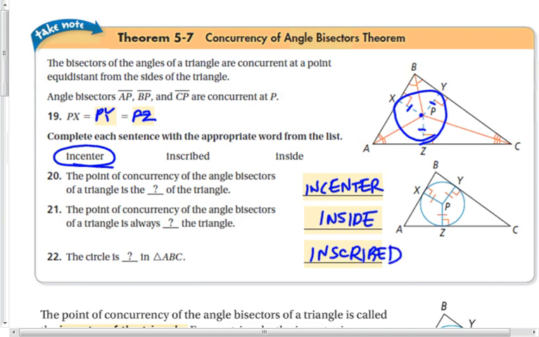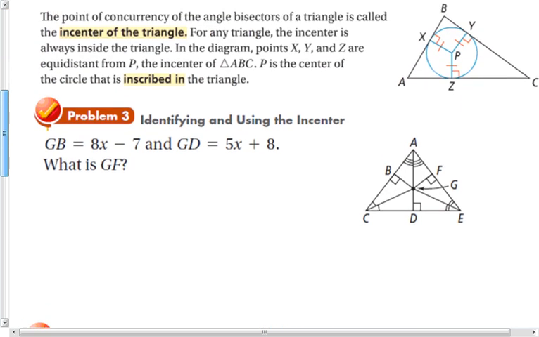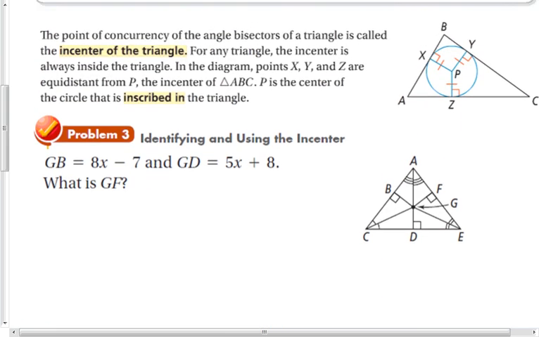All right, so let's use that idea here. If GB equals 8x minus 7 and GD equals 5x plus 8, let's find what GF is. What is the length of GF?